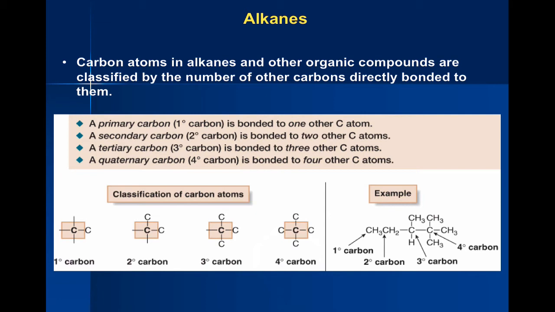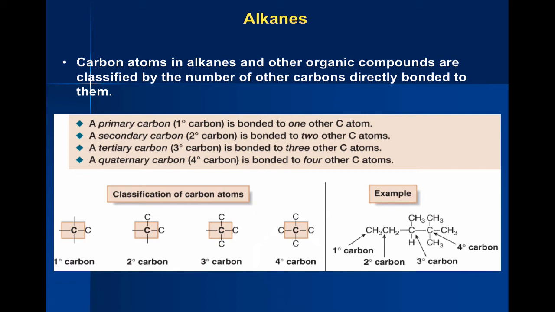It is a secondary carbon atom. A tertiary carbon atom is a carbon atom that is bound to three other carbons. This carbon is bound to this carbon atom, and this carbon atom. It's a tertiary carbon. And the quaternary carbon is a carbon that is bound to four other carbons. For example, here, it is bound to four other carbons.